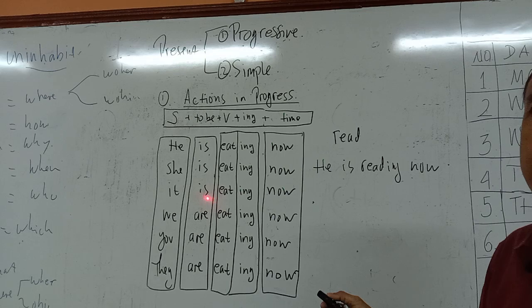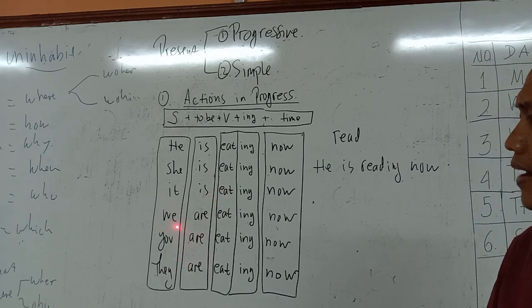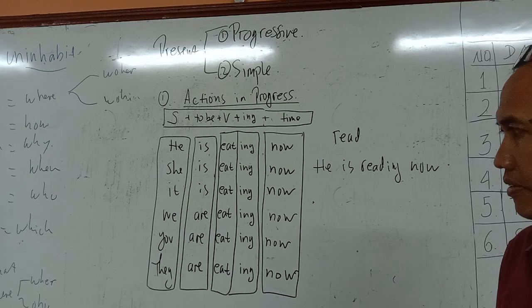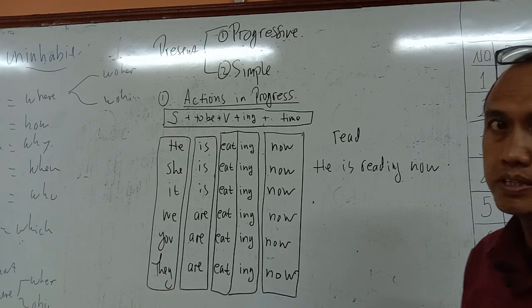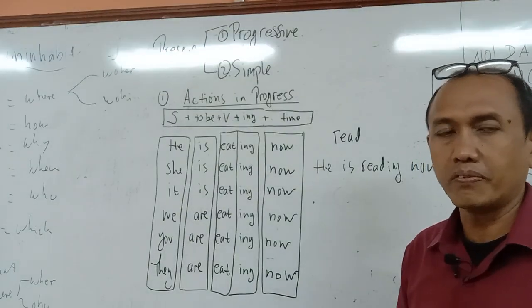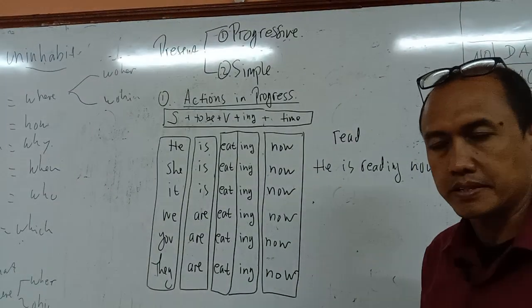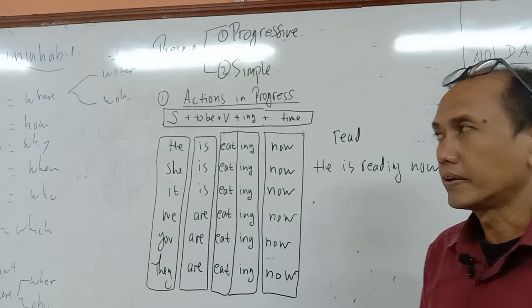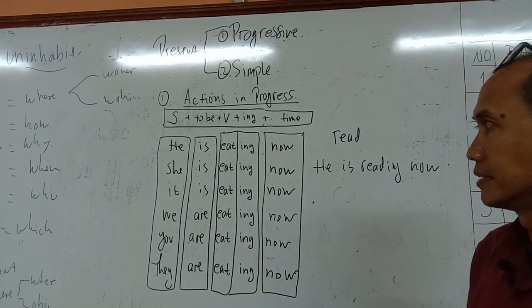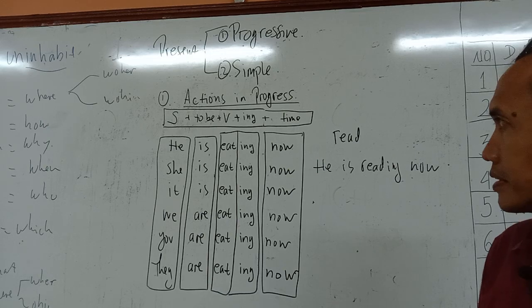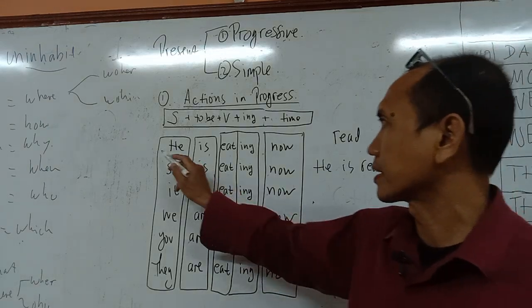It, is. And we are, you are, they are. So from this form, it will be easy for you to make a sentence expressing an action that is in progress.